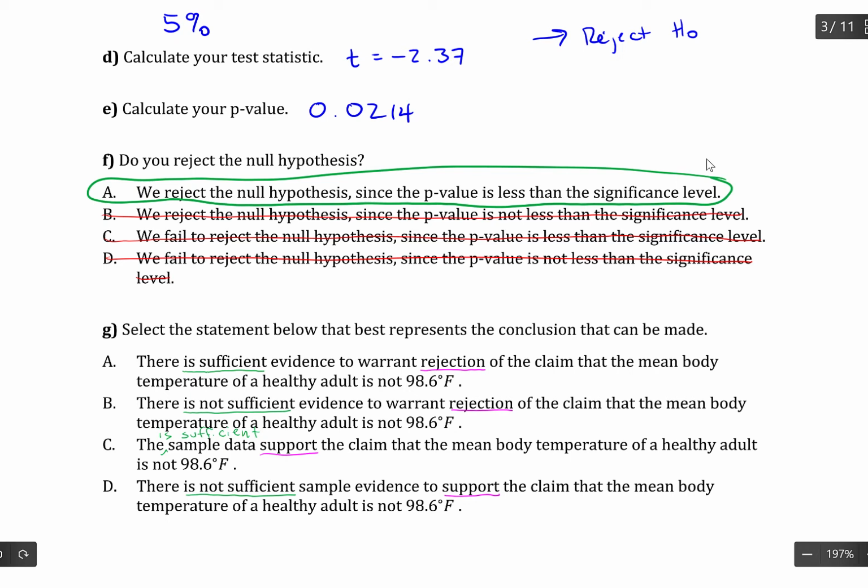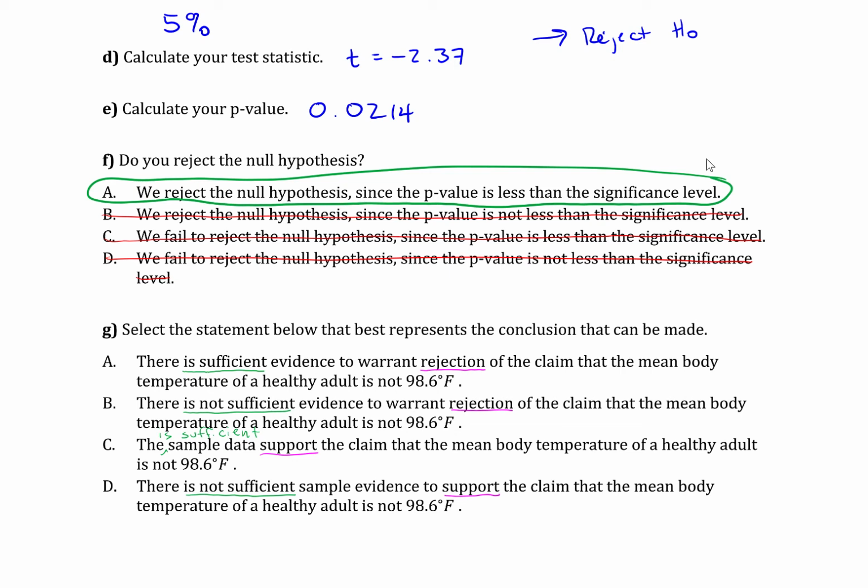So there is some logic that you can walk through in order to make these decisions as to which one is the correct interpretation. But there's also an easy way of just memorizing a couple of facts. For instance, if you reject the null hypothesis, there is sufficient evidence of something.